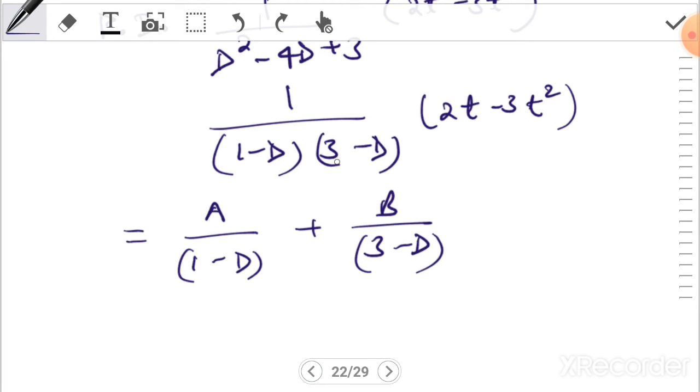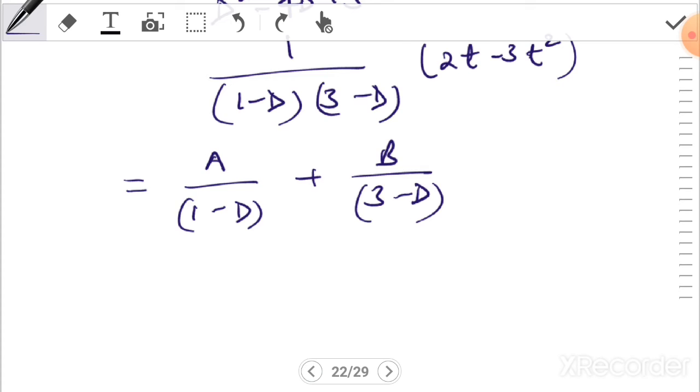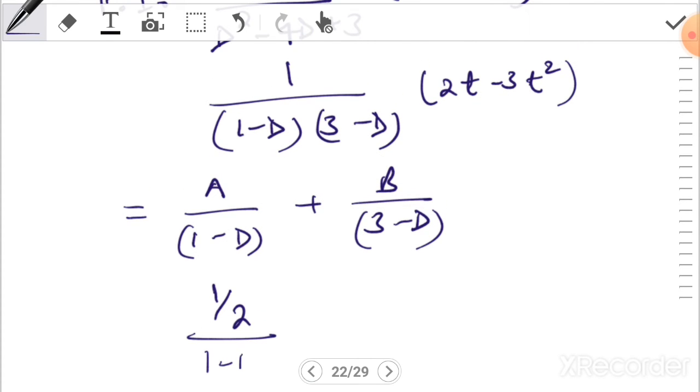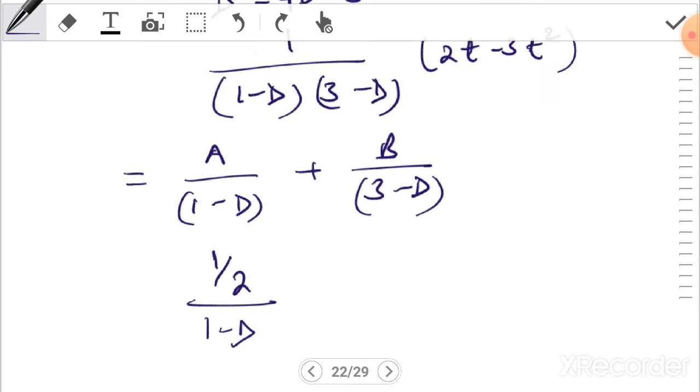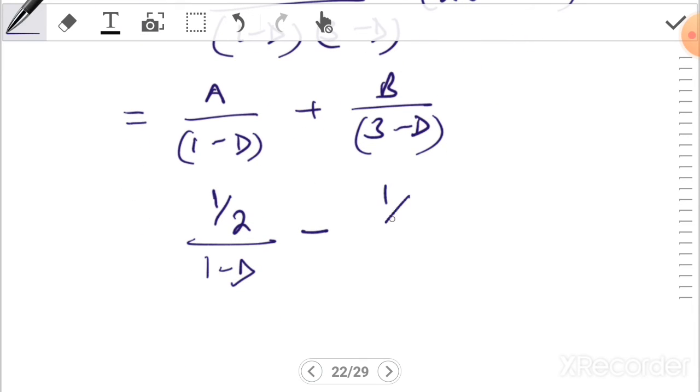Then this will be equal to 1 by (3 minus 1), that is 1 by 2. So A is 1 by 2. To find B, multiply by 3 minus D, and then this will get cancelled, and then put D equal to 3, then this will be equal to minus 1 by 2. So B is minus 1 by 2, right?